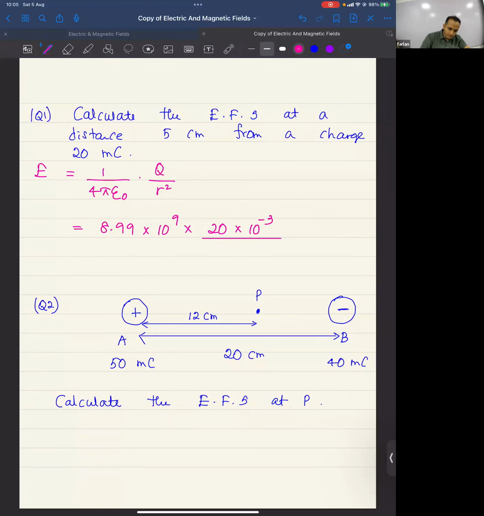We are talking about a distance 5 centimeters away from the charge. 5 centimeters is 0.05 meters, 0.05 square. And that is 7.192. I'll take it as 7.19 into 10 to the power 10 newtons per coulomb. Is that okay? Are you getting this answer?